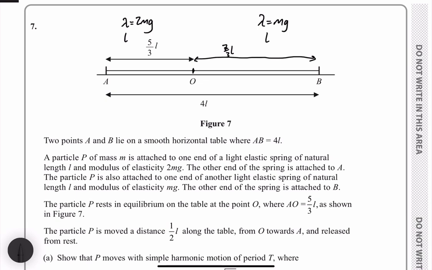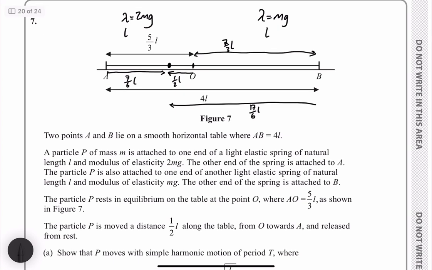The particle P has moved a distance 1/2 of L along the table from O towards A. So it's not actually at that point, let's say it's here, where this is 1/2 L. That means this distance is now 7/6 of L, and this distance from B to that point is 17/6 of L. From here it's released from rest.